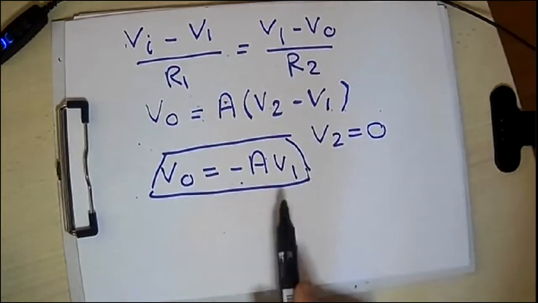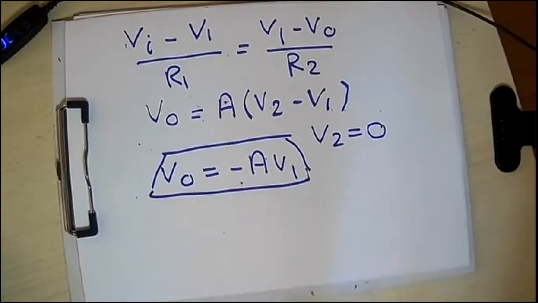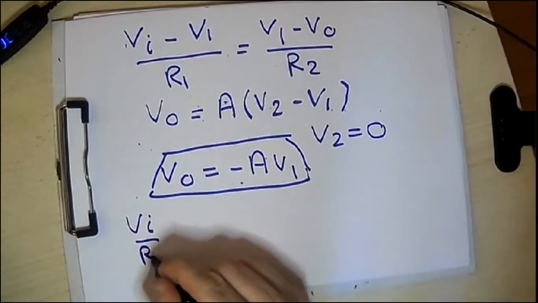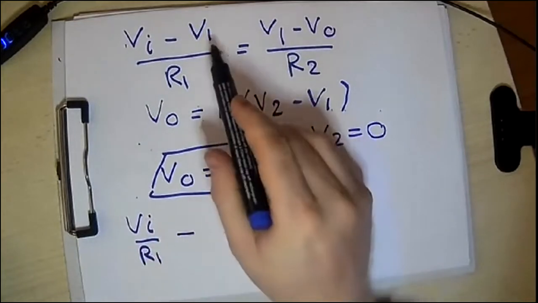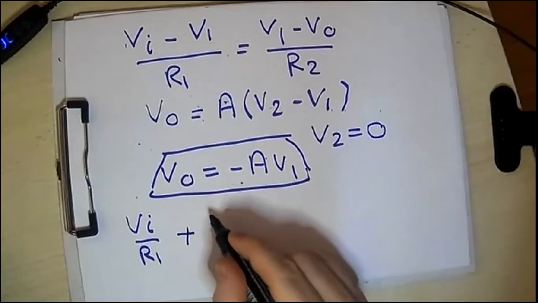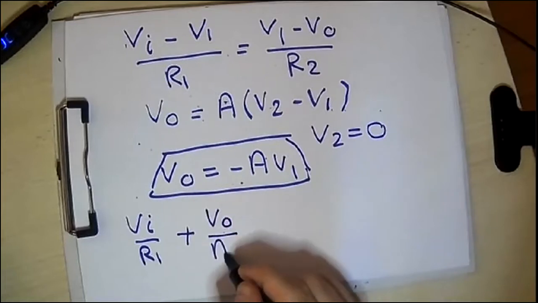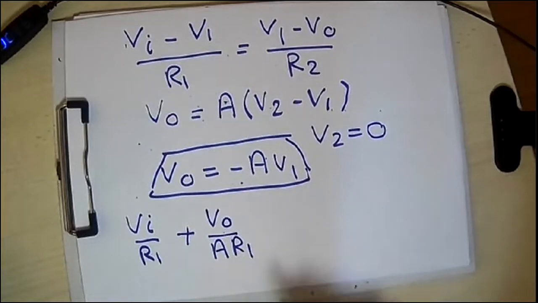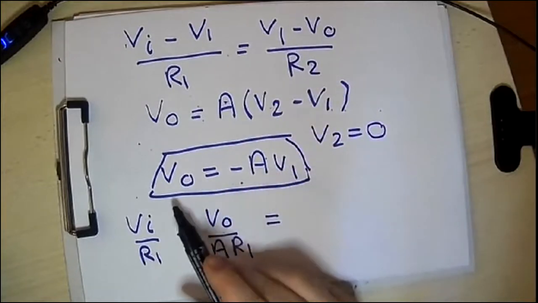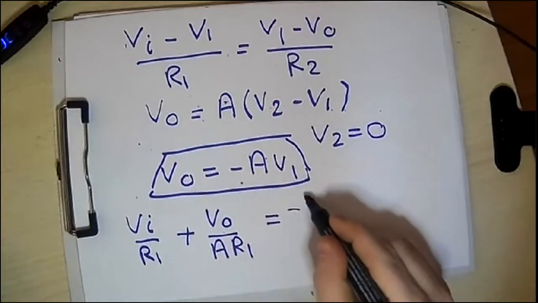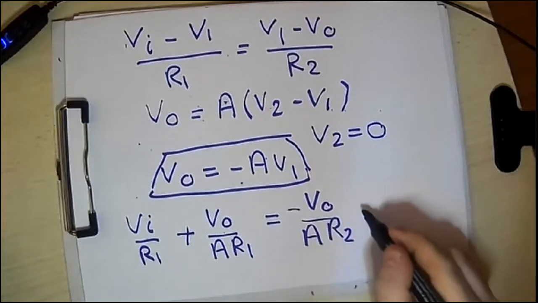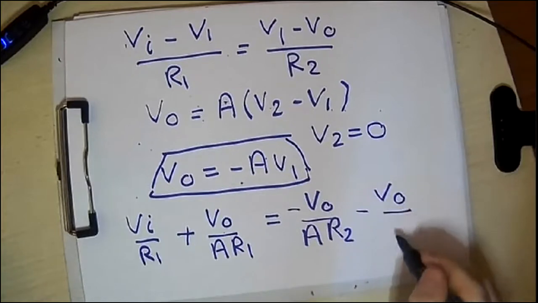So you can substitute V1 with minus V output over A. So we will have V input over R1 plus V out over A times R1 equals V output over R2, then substituting V1, negative V output over A times R2, minus V output over R2.